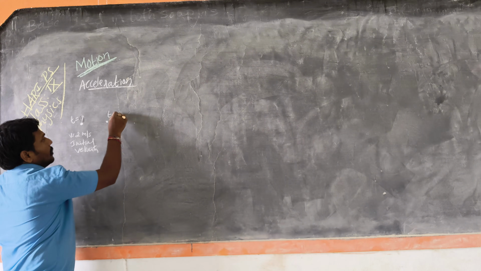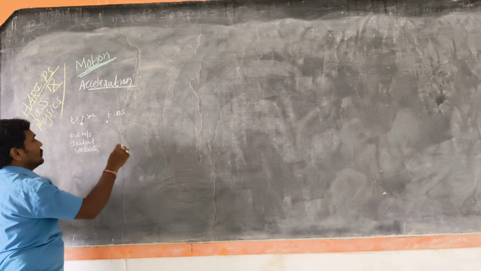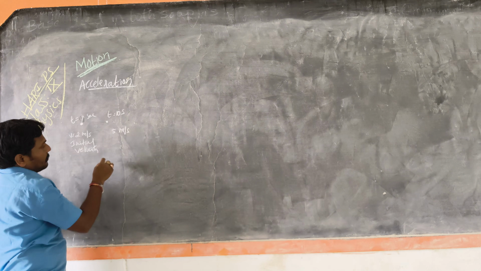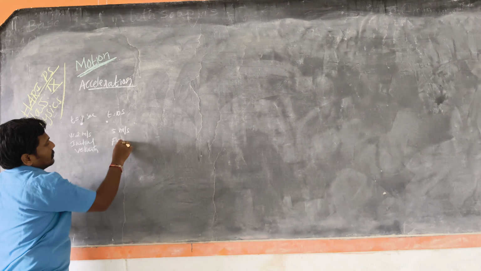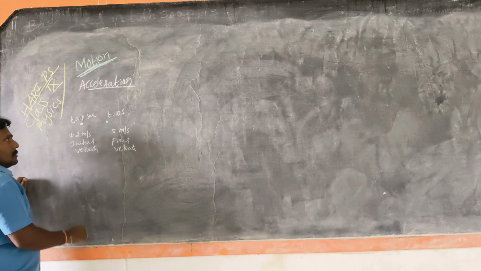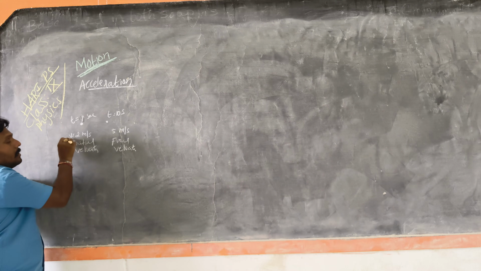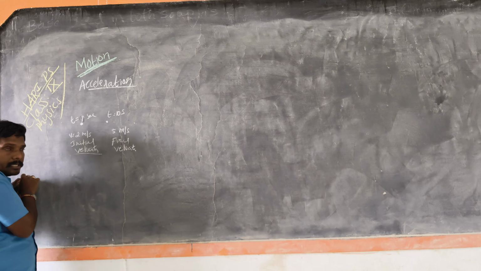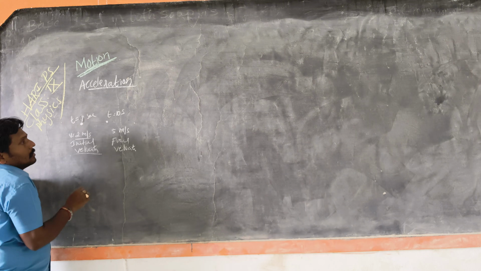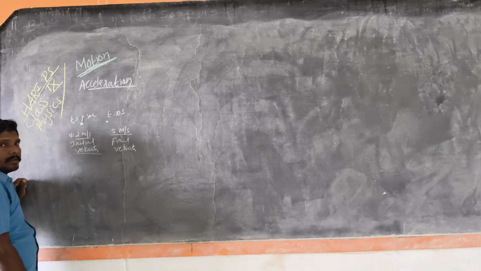After some time, for example at 10 seconds, its speed is 5 meter per second. This is the final velocity. So its velocity at the start is called initial velocity, which is 2 meter per second. After some seconds, its velocity is 5 meter per second.